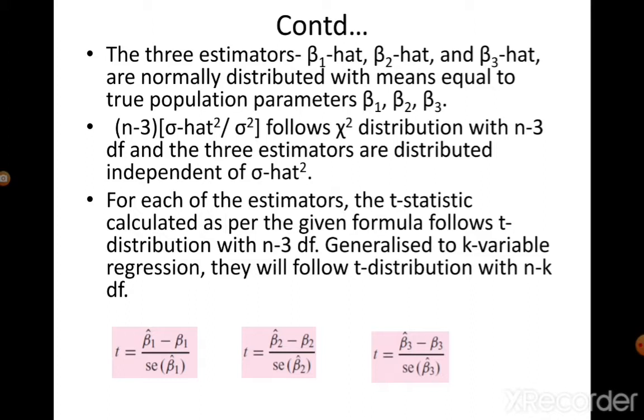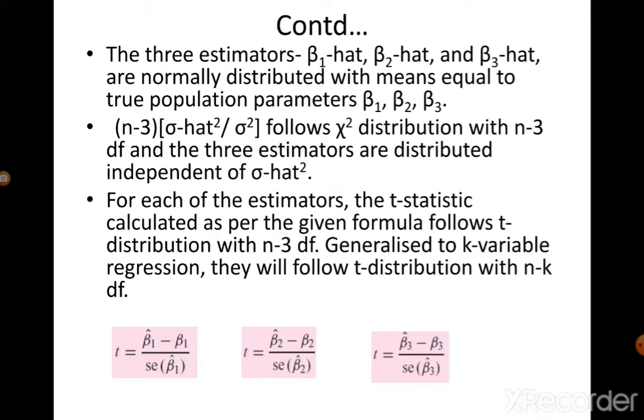Since the estimators beta 1 hat, beta 2 hat, beta 3 hat in our three-variable model are all linear functions of the error term or the disturbance term ui, the assumption of normality of the disturbance term ensures that these OLS estimators are also normally distributed.